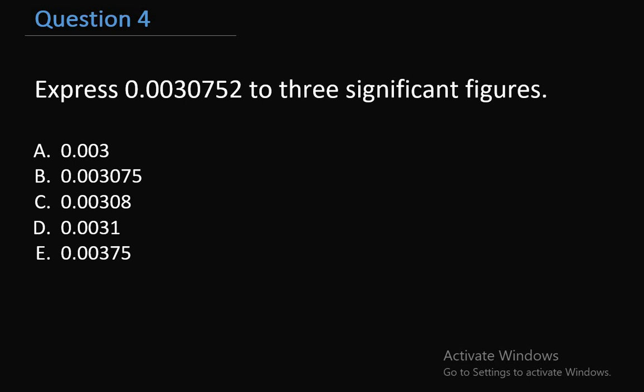Question 4 says, express 0.0030752 to 3 significant figures. There's something I want you to know. 0, as we know, is negligible. It doesn't have a value. That is why 01 is the same thing as 1.